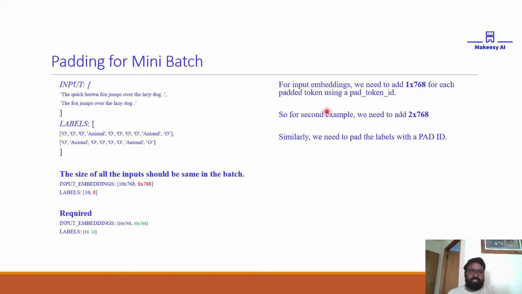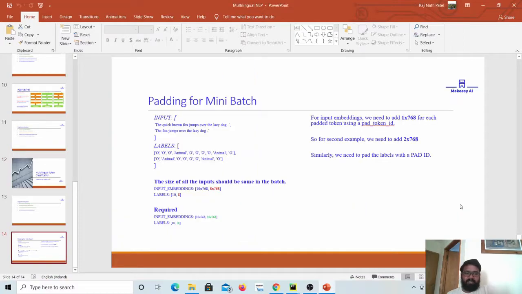For input embeddings, we add 1 cross 768 for each padded token using a pad token id, which depends on our tokenizer itself. And for labels, we add a pad id that we will specify in our label encoding part. Okay, so let us go to our PyCharm IDE and start coding.